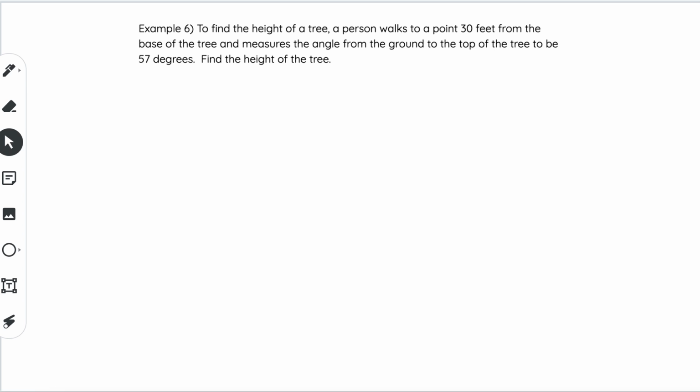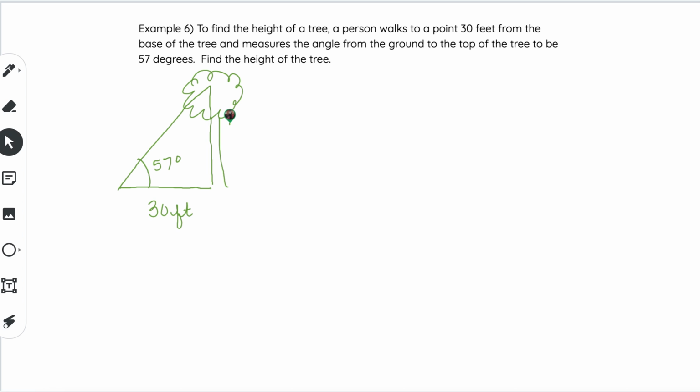All right, so we've got ourselves a tree here. We walked 30 feet away from the tree. We say that the angle from the ground looking up was 57 degrees. We're looking for how high this tree is.